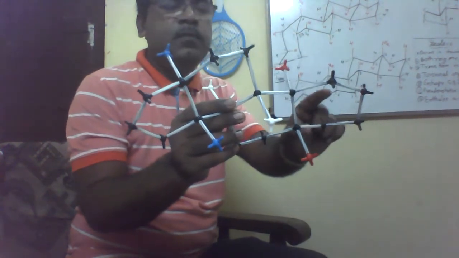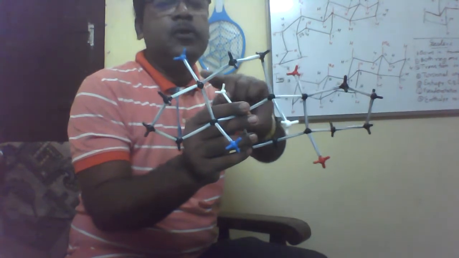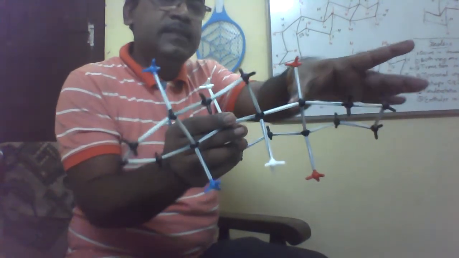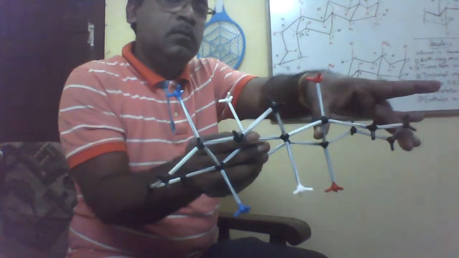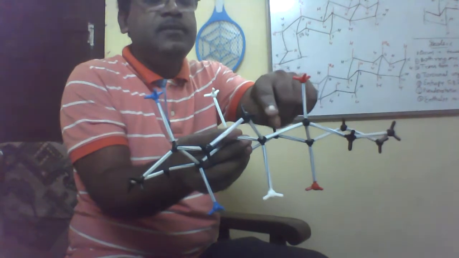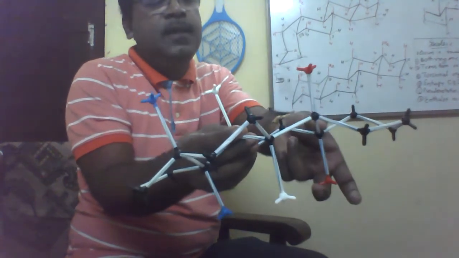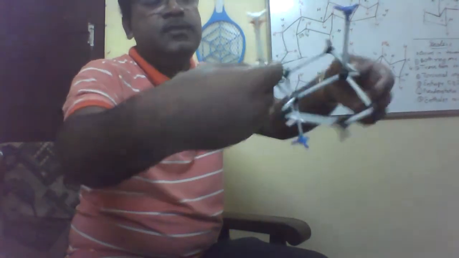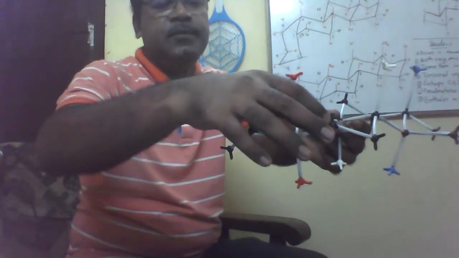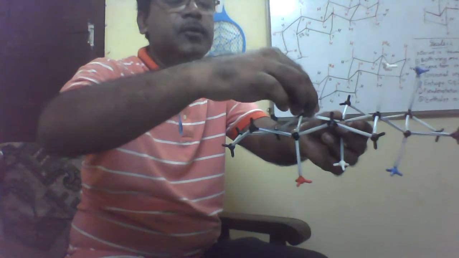So in trans form, all should be equatorial bond fusion. When we are considering just this six-member ring, this CH bond is axial, automatically this will be equatorial. This is axial. This is equatorial. Just see this side. One is axial. This is equatorial bond. So equatorial bond fusion.